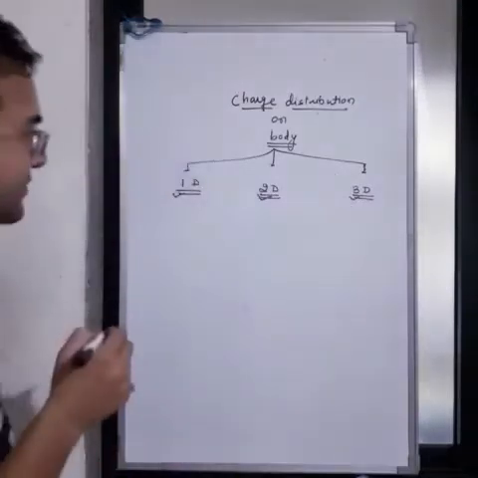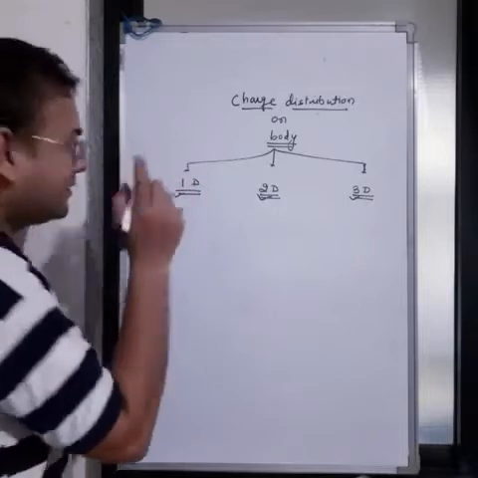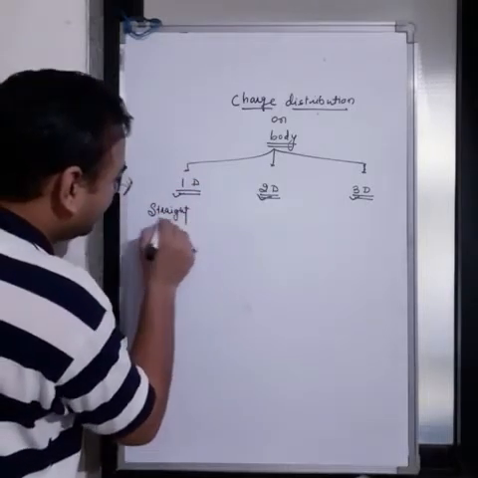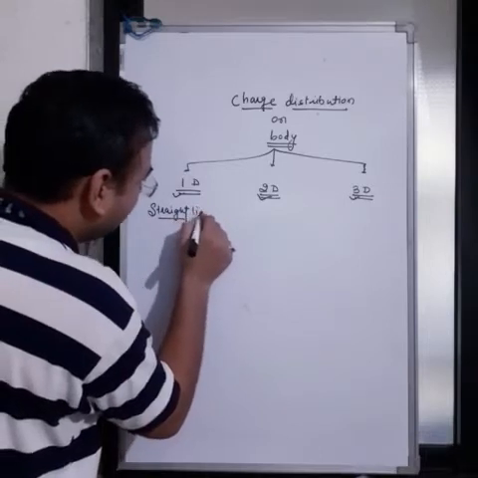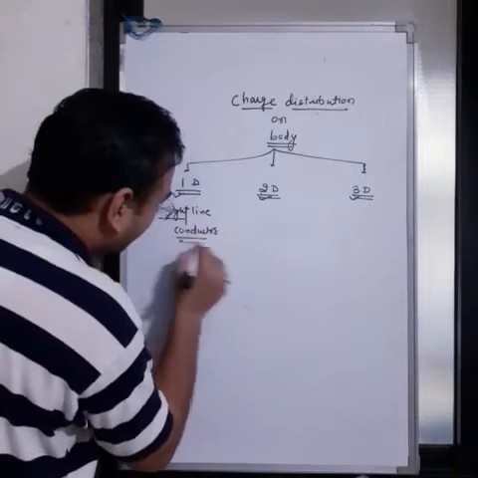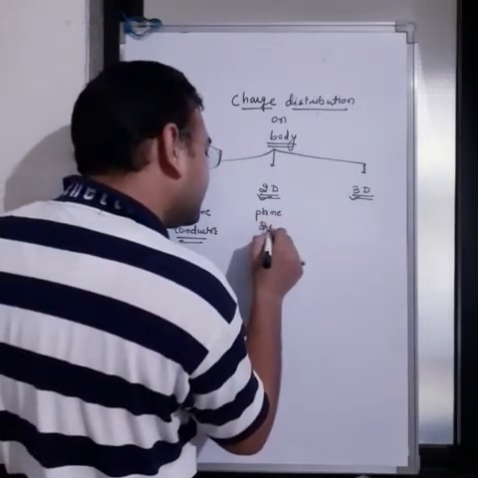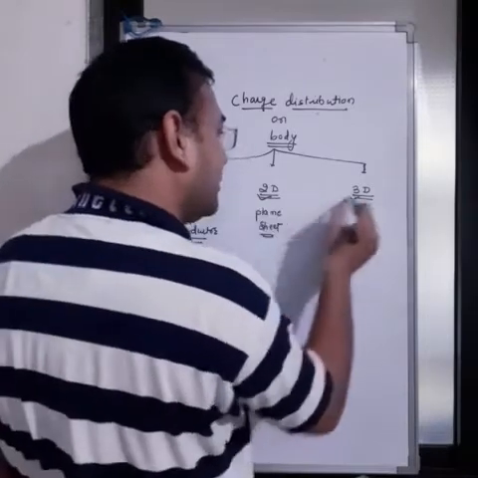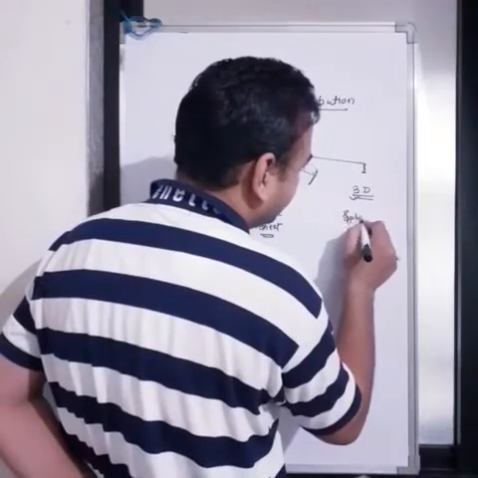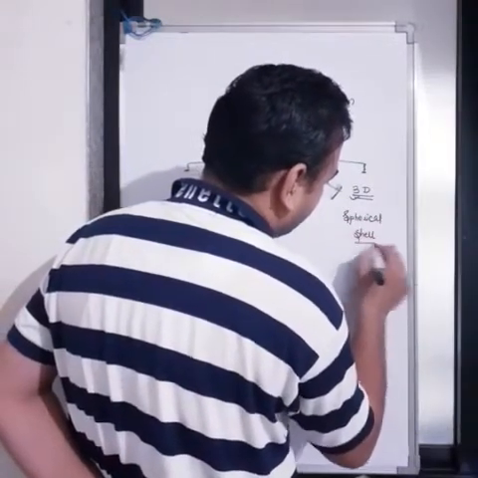So in case of one dimension, we will take one straight line conductor. So we will take the example of a straight line conductor. Here we can say plane sheet, or here we can say the spherical cell, or sphere.